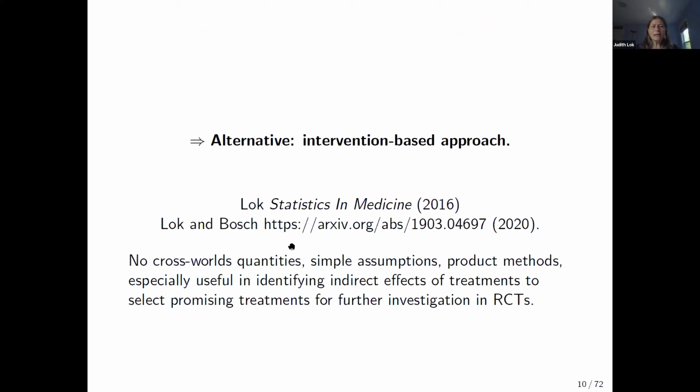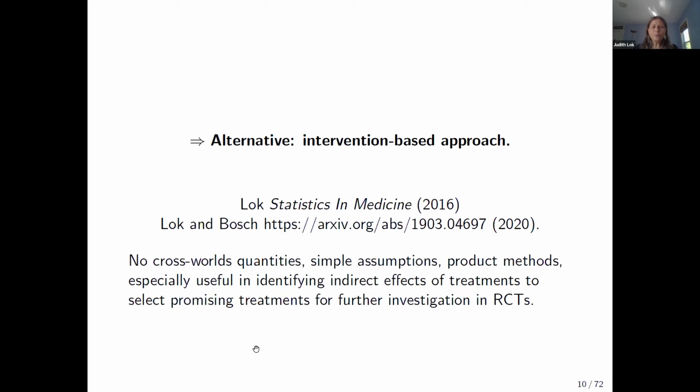I present here an alternative intervention-based approach. There is a paper published in 2016 that this work is based on. There's also new work that I am presenting today that has been posted on arXiv. I posted the last version yesterday, so that is the most recent version that is there.